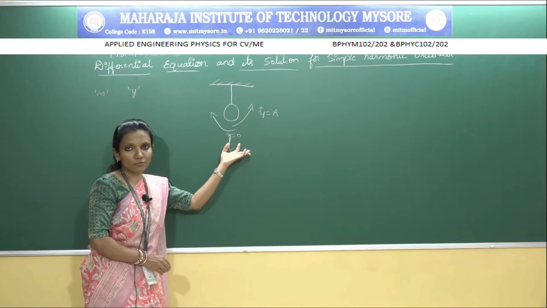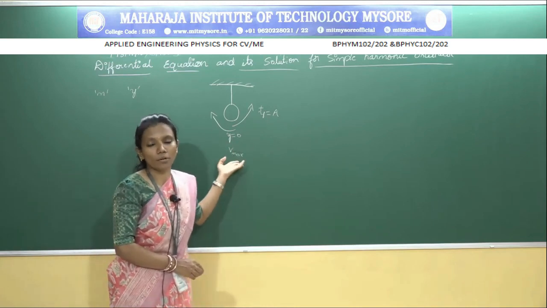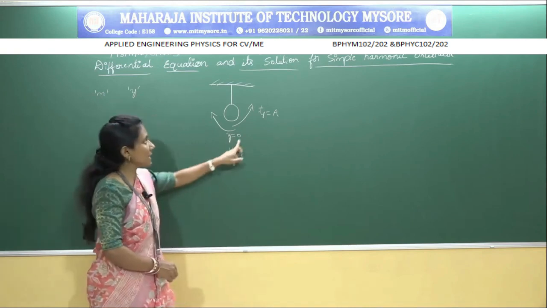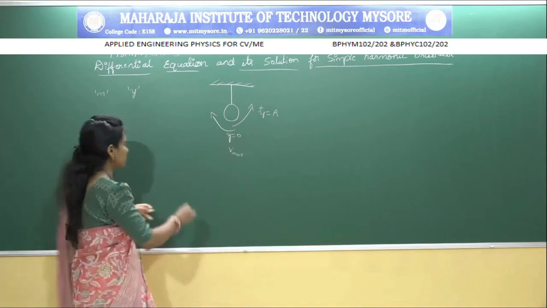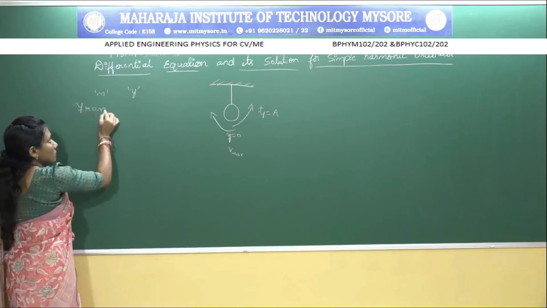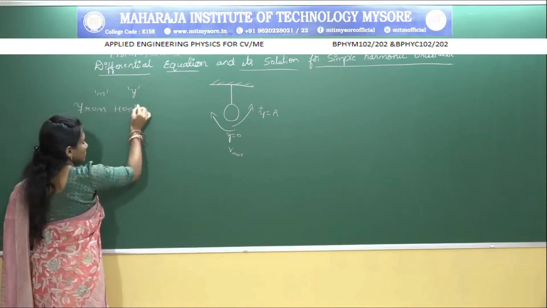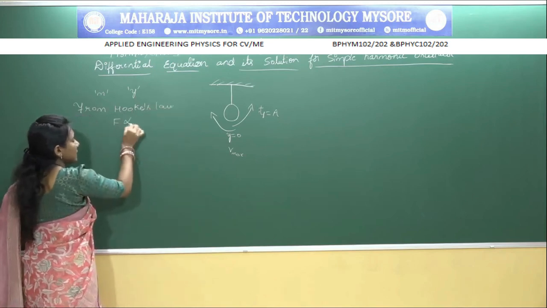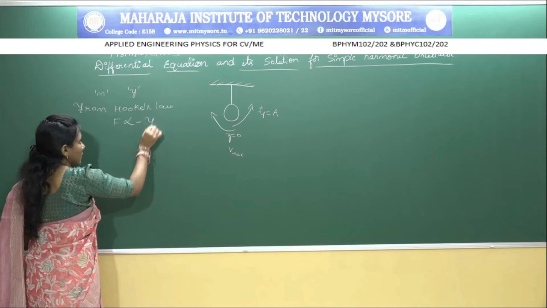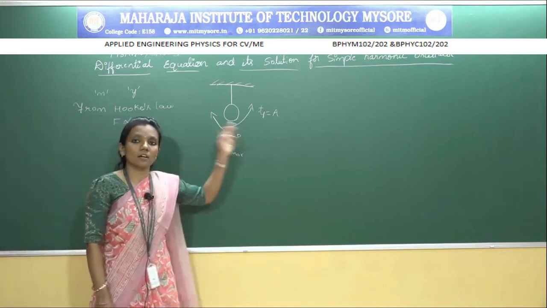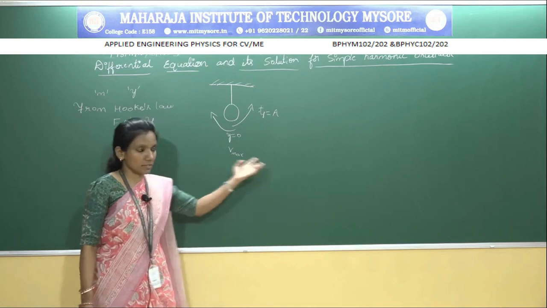That restoring force is always trying to bring the body back to its mean position, so it acts in the opposite direction. From Hooke's law, force is directly proportional to the negative of the displacement. That means the force acts opposite to the displacement.